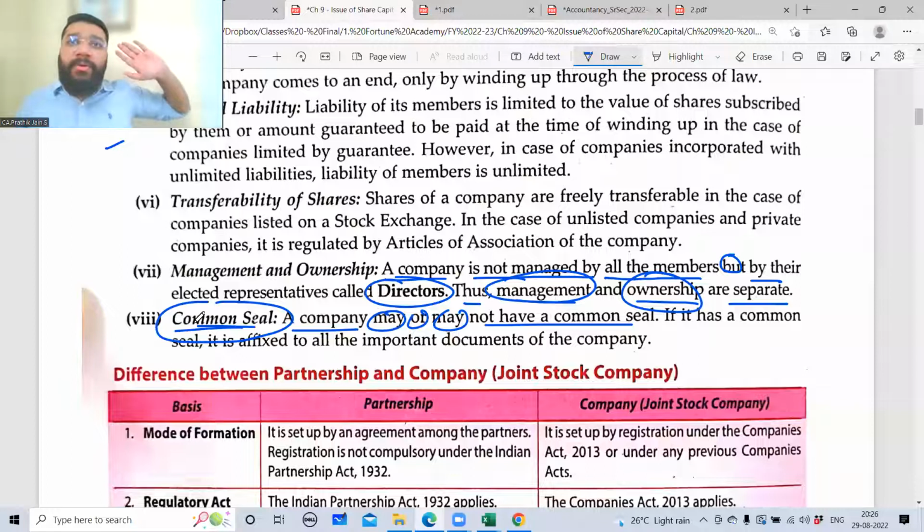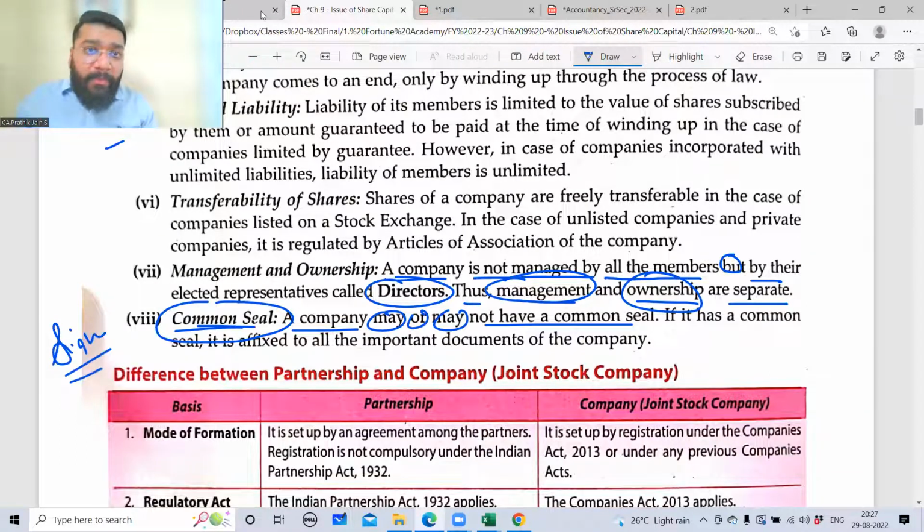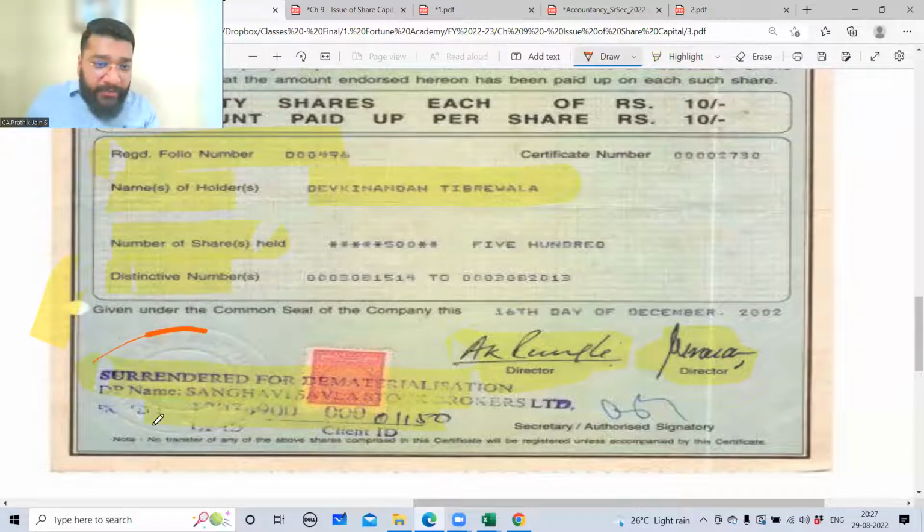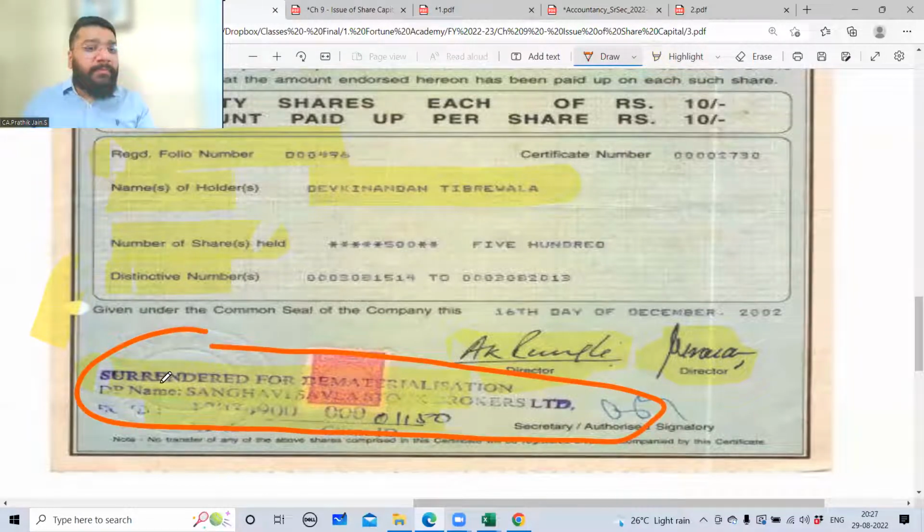Like the brand, I said, McDonald's ka brand, Audi, BMW ka brand. Like that, here we are not talking about a logo. Logo is different, common seal is different. Common seal here means signature. If you remember, I showed you the share certificate. Here in the share certificate, can you see this blue color thing? That is the common seal of the company.